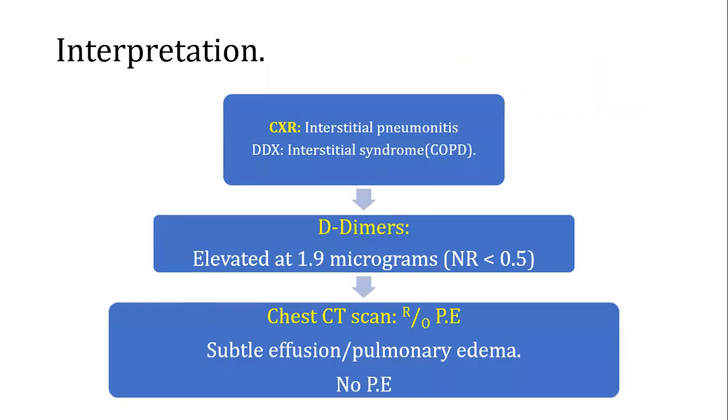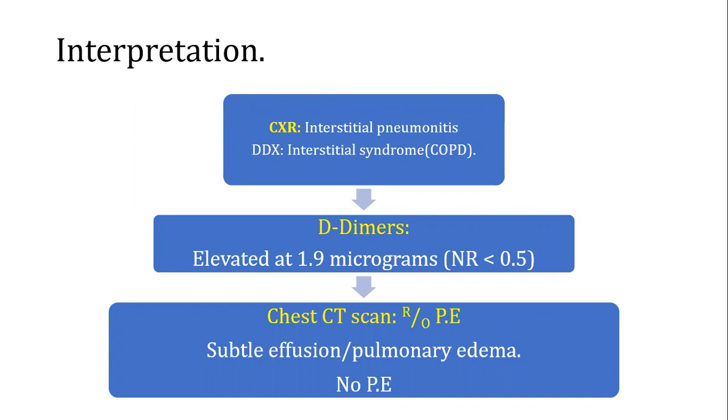The interpretation from the person who reported that chest X-ray was interstitial pneumonitis, because there is prominence of the bronchovascular markings. Some call it interstitial syndrome. Now, when they mentioned interstitial syndrome, the differential was more or less chronic obstructive pulmonary disease.